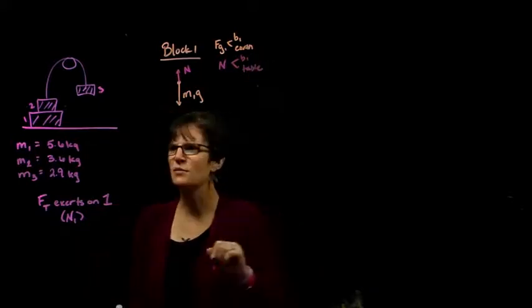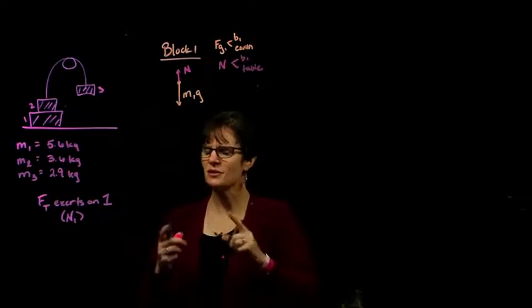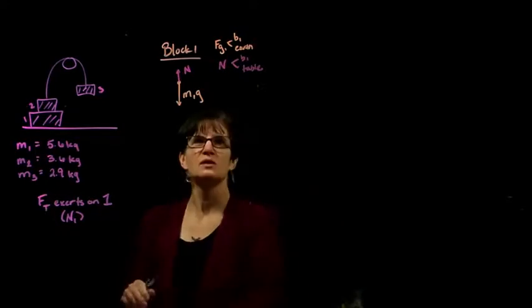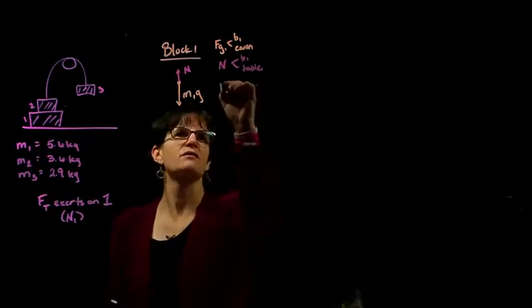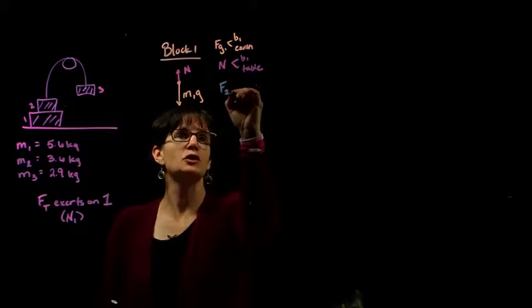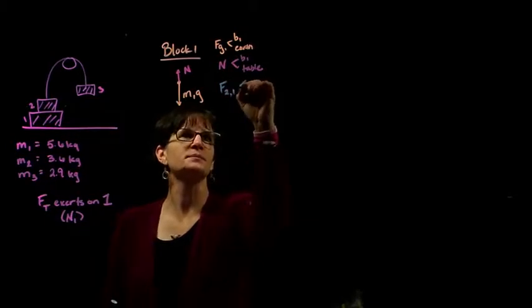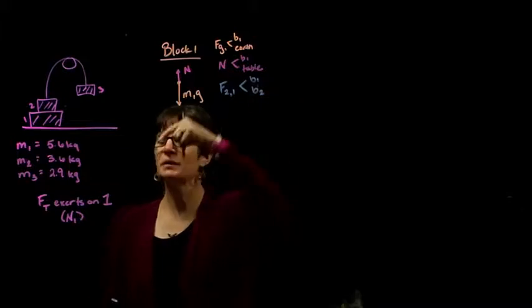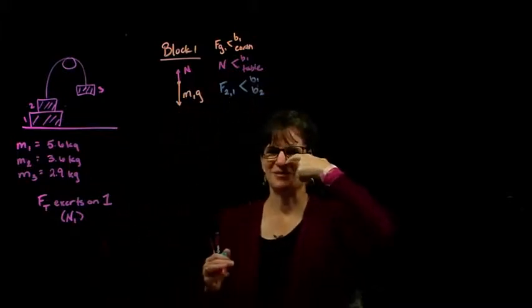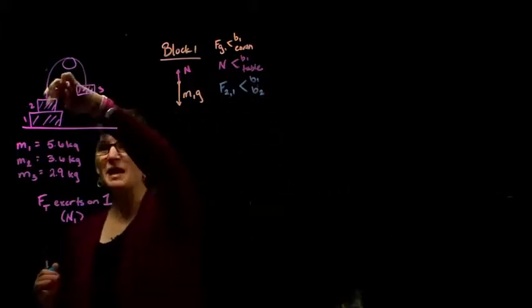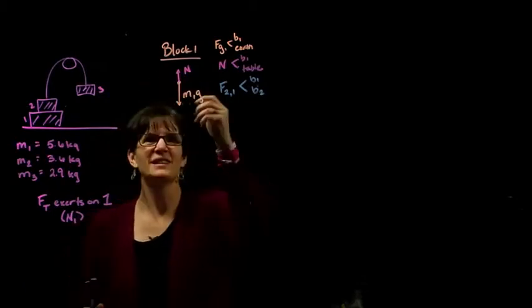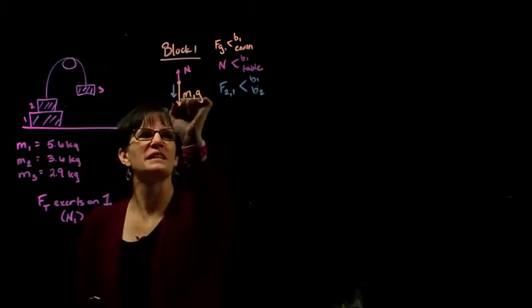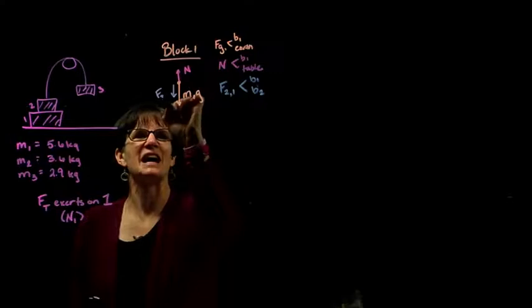All right, we also know that block 1 is interacting with block 2, so we'll call that the force of block 2 on 1. And that's between block 1 and block 2. And what direction is that force? Well, block 2 is on top of block 1, so that force is in the downward direction.